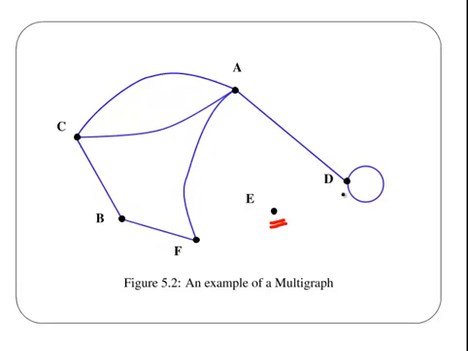And also, we have a vertex with an edge that just connects back to the same vertex. One more thing is that there are two edges between A and C.